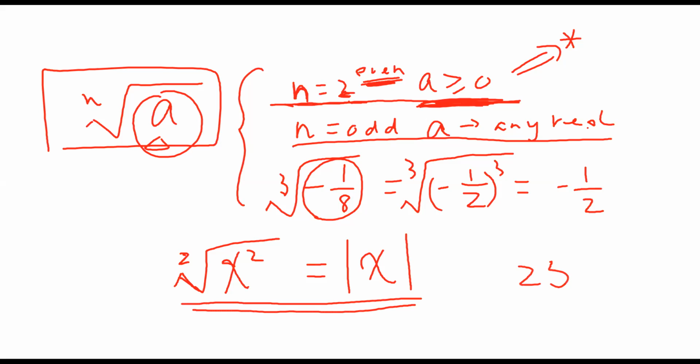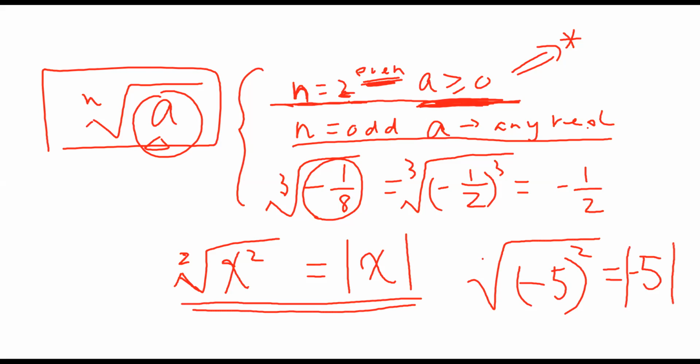Something like -5, its square root becomes 5, right? It's actually the absolute value of -5, which still becomes 5, right? Can anyone understand this one? Yes. All right, very good. Let me go to the next one.